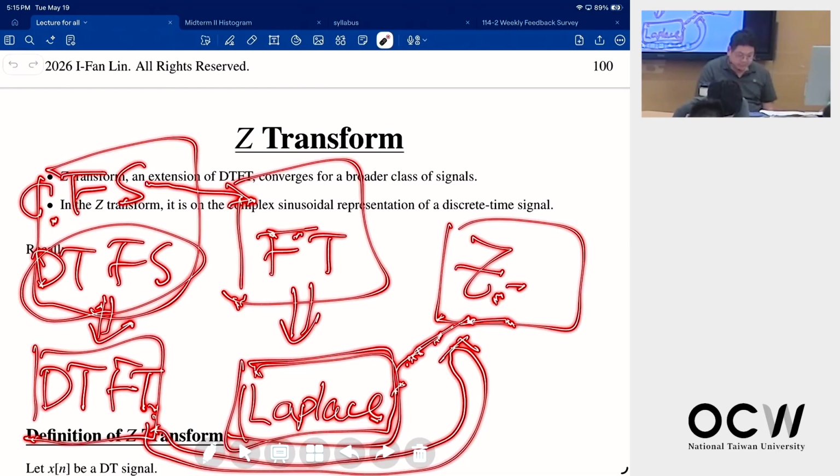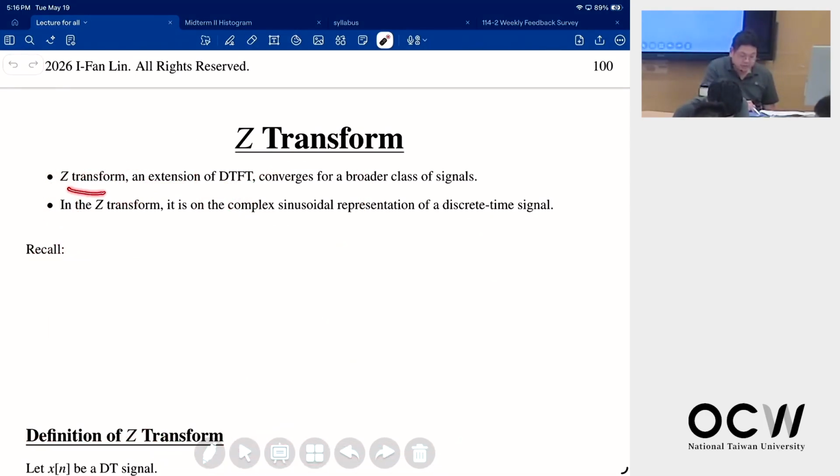So the Z transform is the extension of discrete time Fourier transform. But because it is an extension, it will cover a larger class of signals. So we can find more details about the Z transform. The Z transform is based on the complex sinusoidal representation of the discrete time signal.